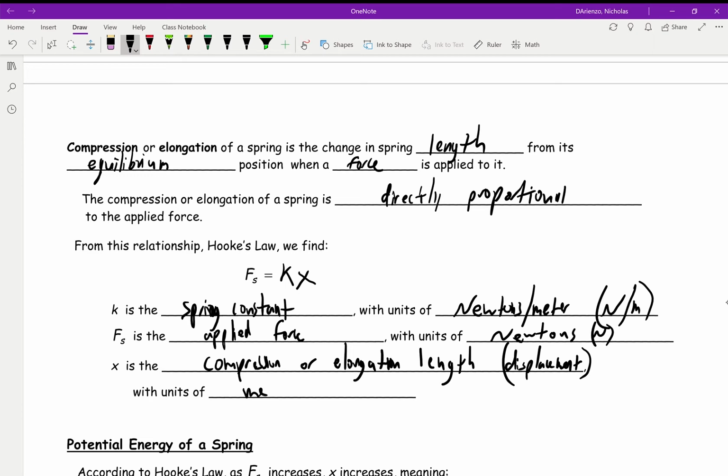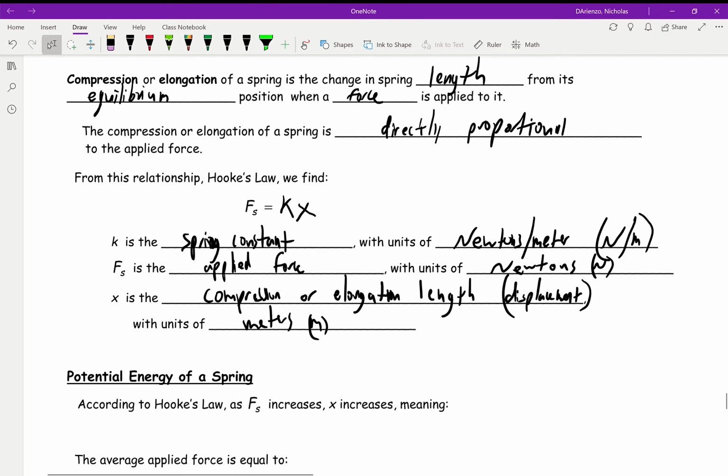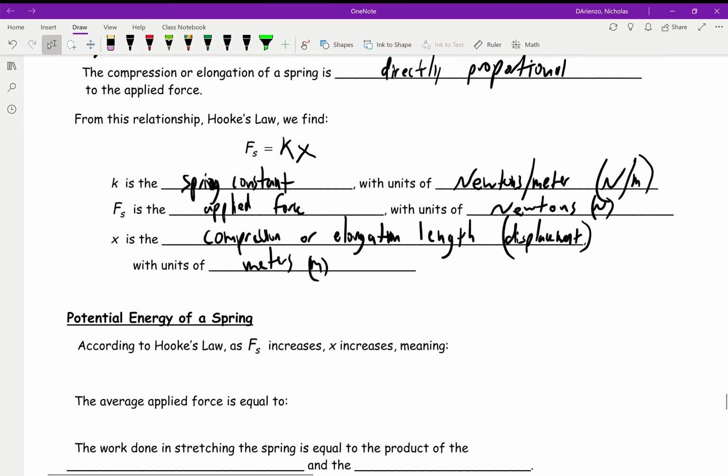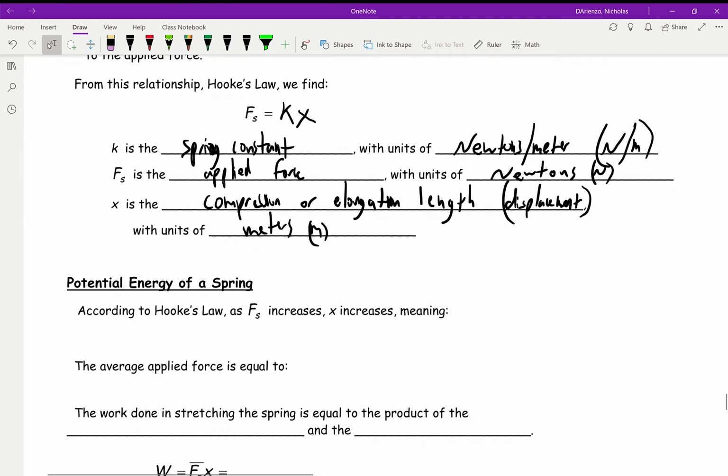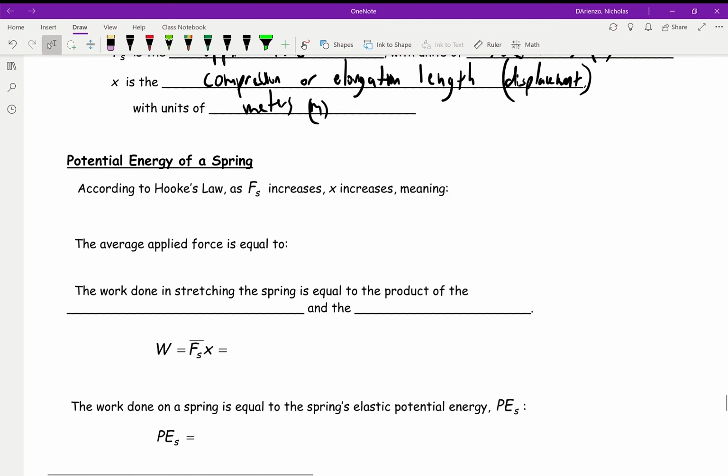And since that is displacement, we will use units of meters. And that's Hooke's law. So looking at potential energy of a spring, if we apply a force and compress it, and we hold that there, that spring has potential energy stored in it, which you can then release and convert that potential into kinetic energy, which we will cover in our next topic.